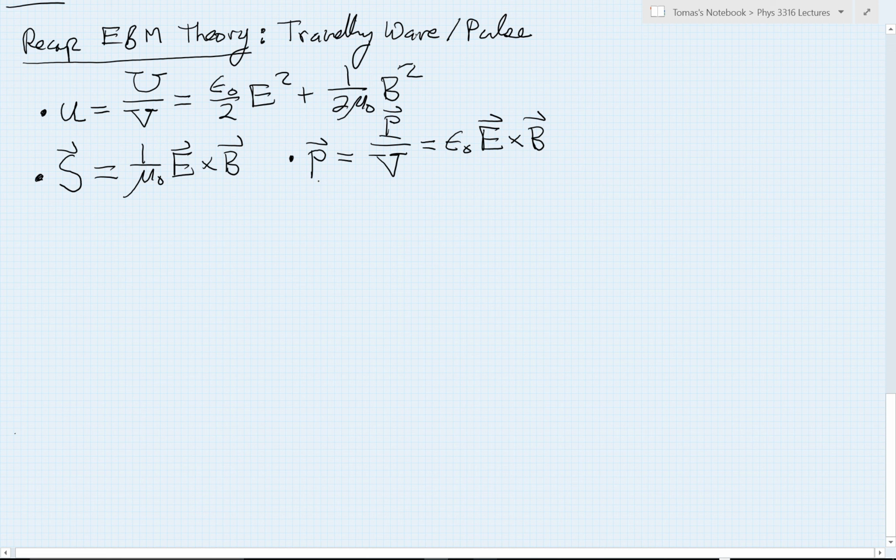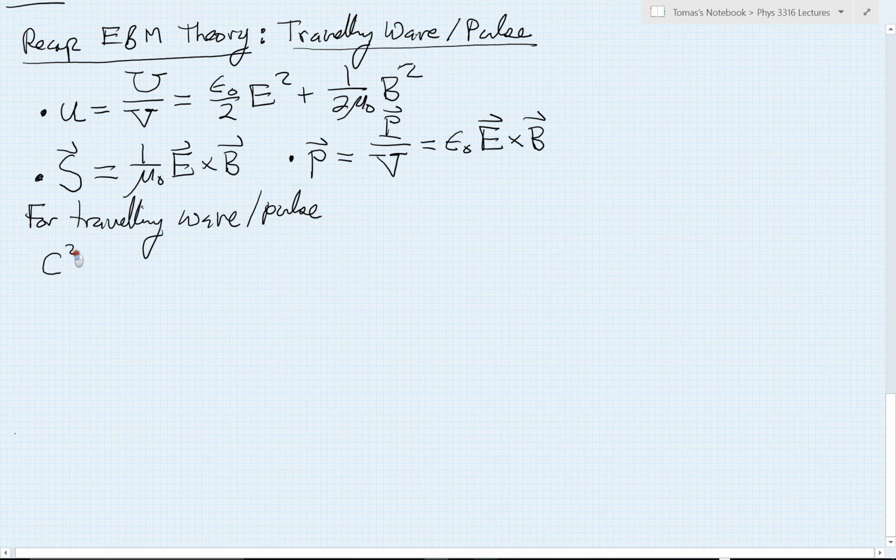Now, as I was saying, though, these are completely general results. I also wanted to focus on traveling waves, and traveling waves have some extra special conditions. For instance, for a traveling wave or pulse, we know something about the speed of the pulse, right?